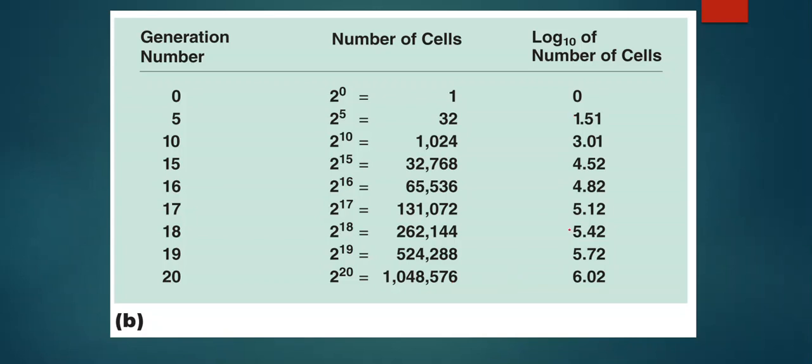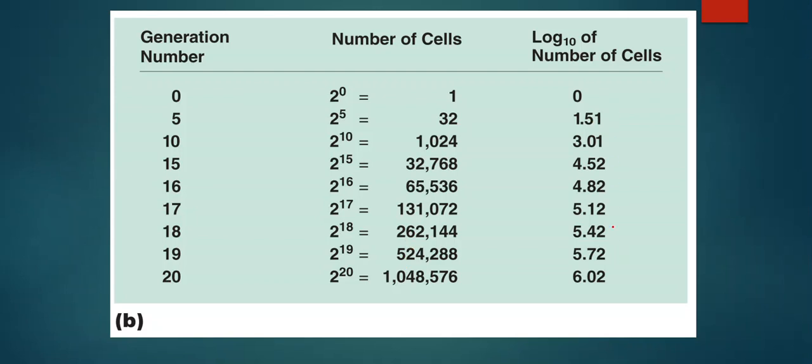If we took the number 32 and did the log of 32, we'd see that it's 1.505, so about 1.51. If we did the log of 524,288, the log of that is 5.7.